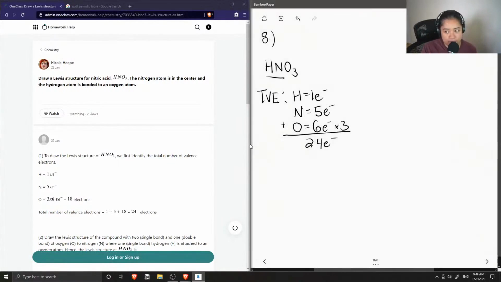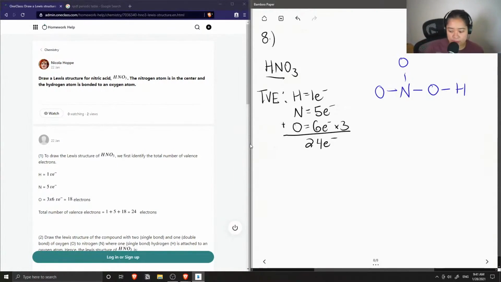So the question already gave us a helpful hint that the nitrogen atom is in the center. And let's draw 3 single bonds to all of the oxygens, with one of the oxygens having the bond to the hydrogen.